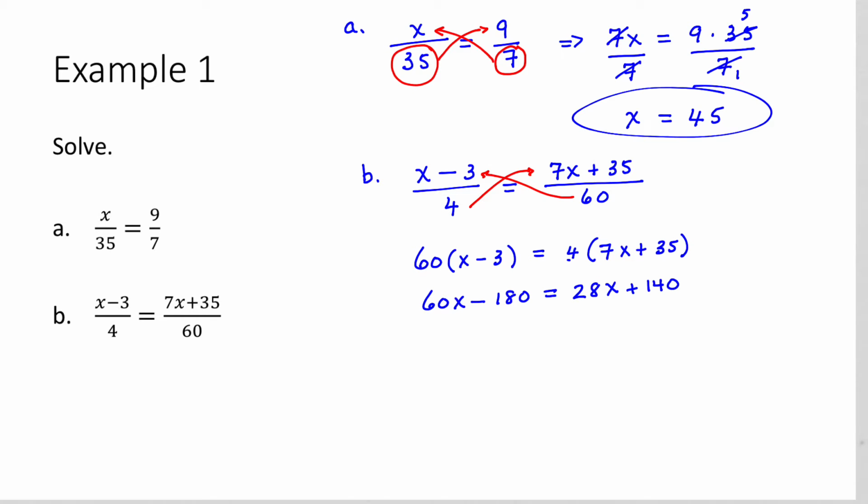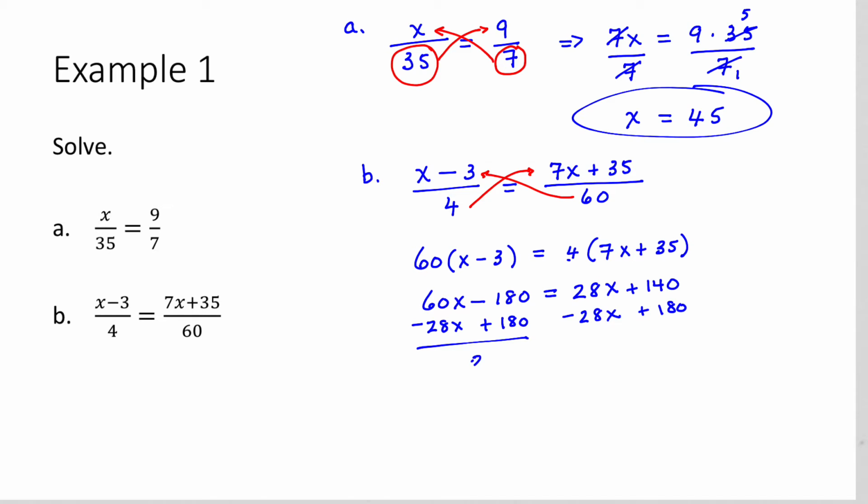And now I can just go ahead and solve this like a regular linear equation. So 28x, we're going to subtract from both sides. So I'll add the 180 to both sides to get the constant terms together on the right-hand side.